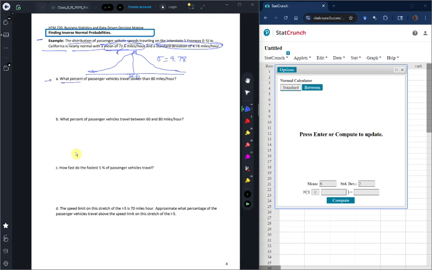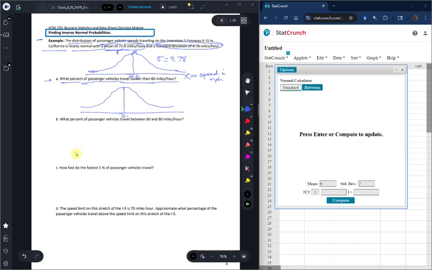Question A. What percentage of passenger vehicles travel slower than 80 miles per hour? So our X here represents speed in miles per hour for different vehicles on I-5. I'll just use my calculator to work on this.